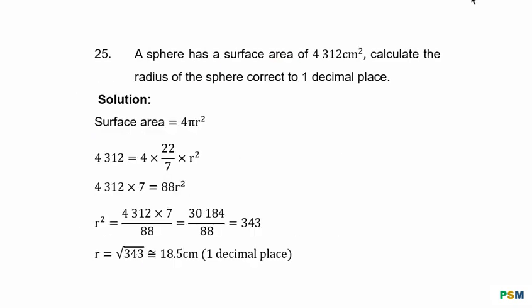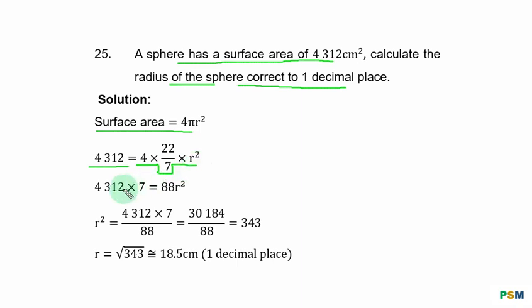Example 25. A sphere has a surface area of 4,312 square centimeters. Calculate the radius of the sphere correct to 1 decimal place. Surface area of sphere is equal to 4 pi r squared. This is the surface area, equal to 4 times 22 over 7 times r squared.